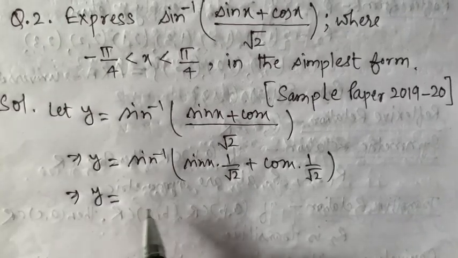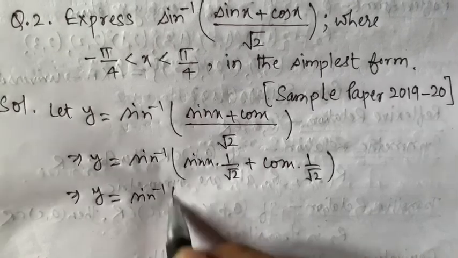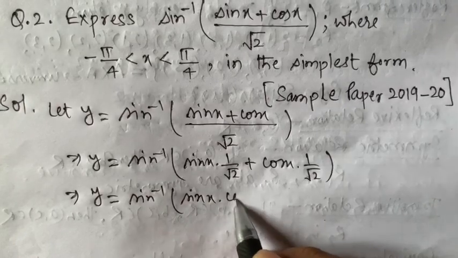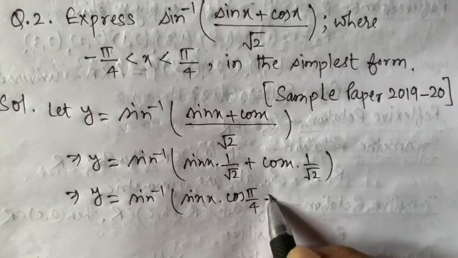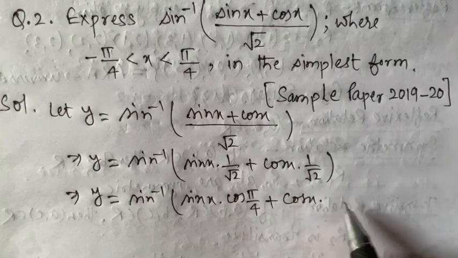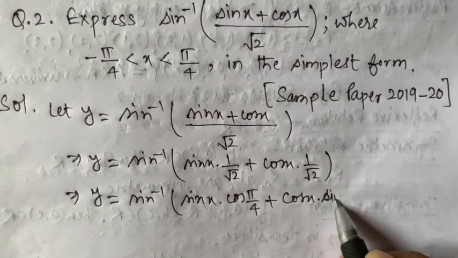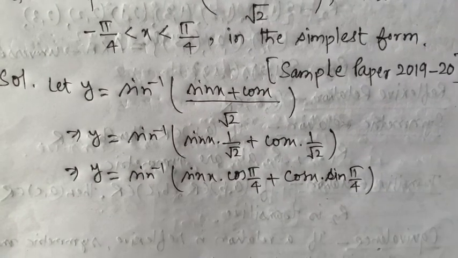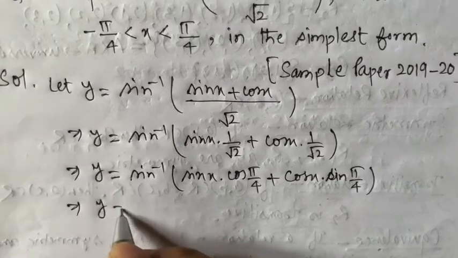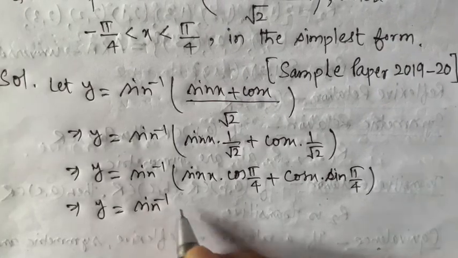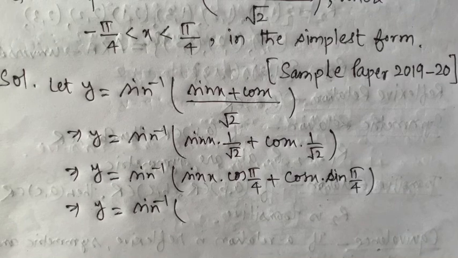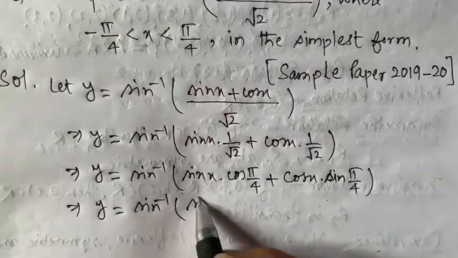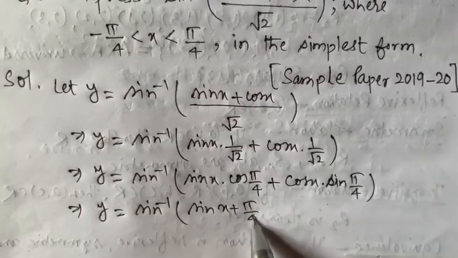So y is equal to sine inverse of sin x into, now 1 by root 2 can be written as cos pi by 4, plus cos x into sin pi by 4. Now this is the formula for some trigonometric ratios, the sine of sum of angles. It is sine of x plus pi by 4.